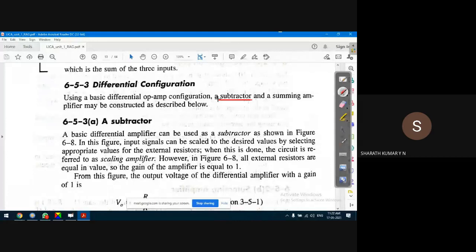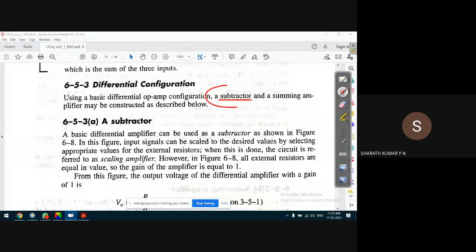It is a subtractor, and a summing amplifier may be constructed as a subtractor. Basically, something like 5 plus 5 is a summing amplifier, and 5 plus minus 5 is a subtractor. So basically, a subtractor is nothing but a summing amplifier. With that logic, a summing amplifier can be used as a subtractor.